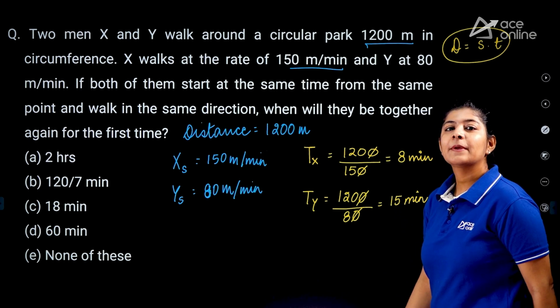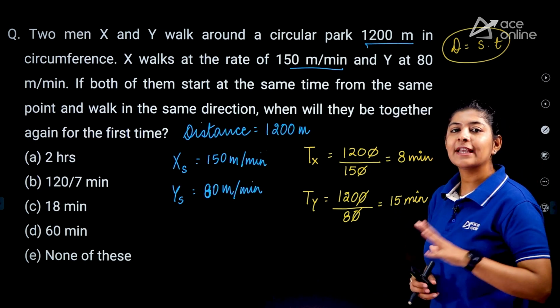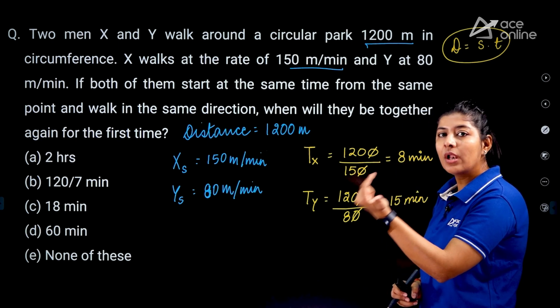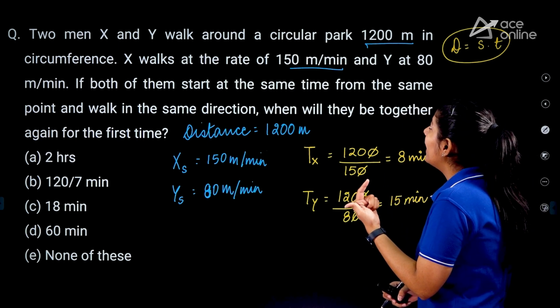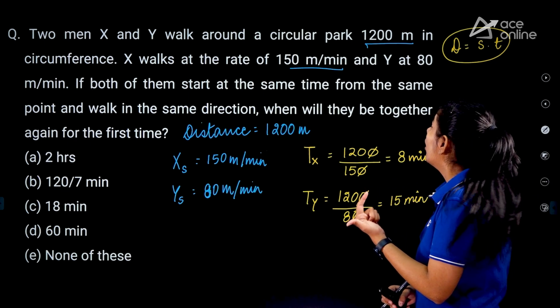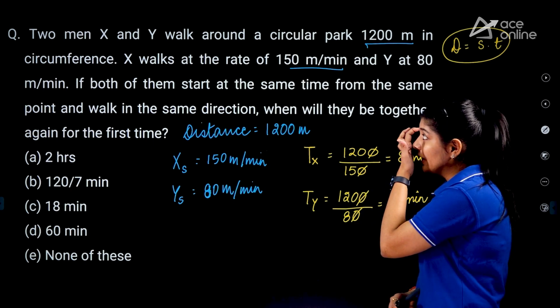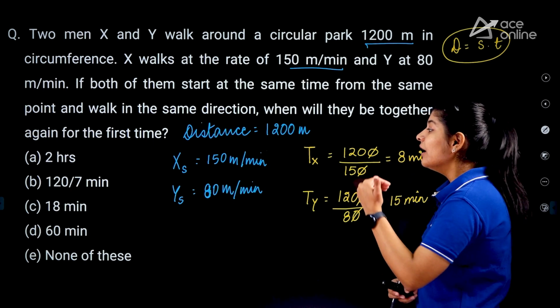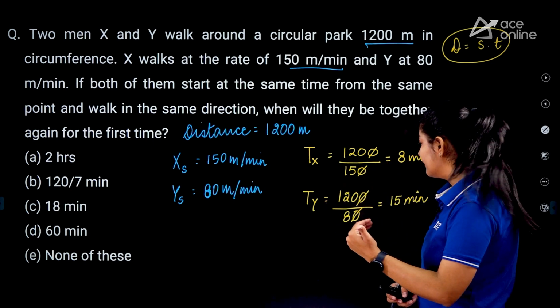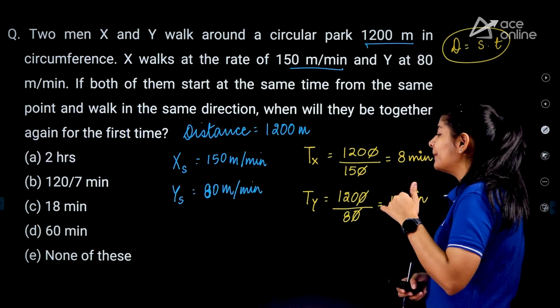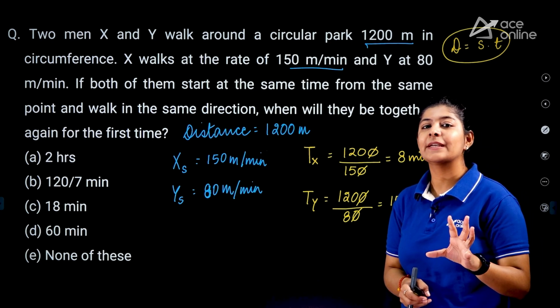We are getting a time period of 15 minutes. That means we can say that person X will cover a round of the circular park of 1200 meters in 8 minutes with the speed of 150 meters per minute, while person Y will cover a distance of 1200 meters in 15 minutes with a speed of 80 meters per minute.